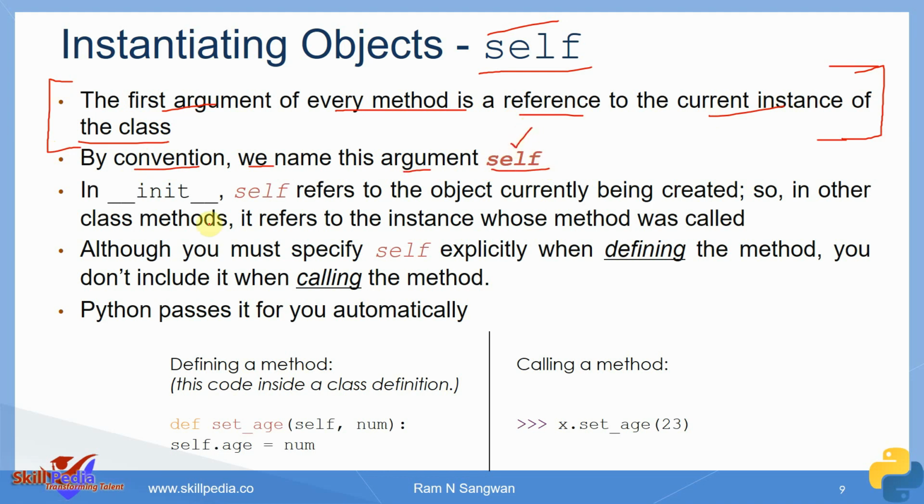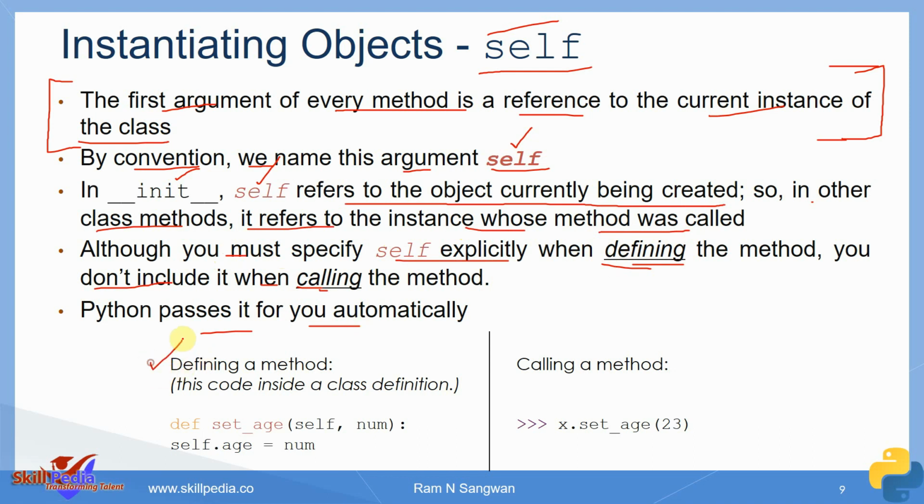In init, self refers to the object currently being created. In other class methods, it refers to the instance whose method was called. Although you specify self explicitly when defining the method, you don't include it when calling the method. Defining, we use it. When calling it, we don't use it. Python passes this for you automatically.